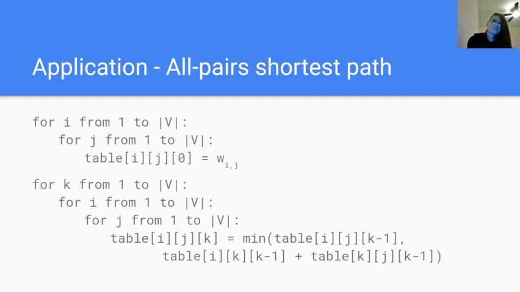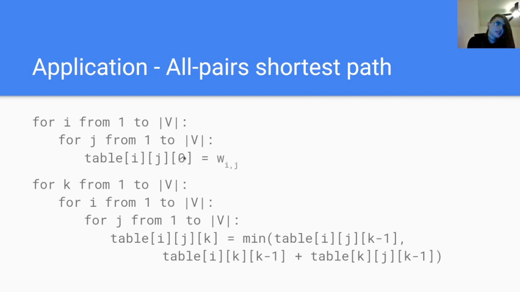Here's some pseudocode. So, for i from 1 to the number of vertices, j from 1 to the number of vertices, we're just setting table of i, j, 0, so the k layer is 0 here.